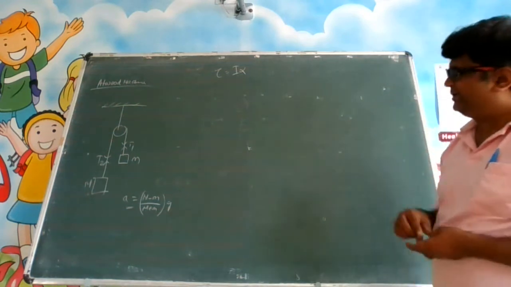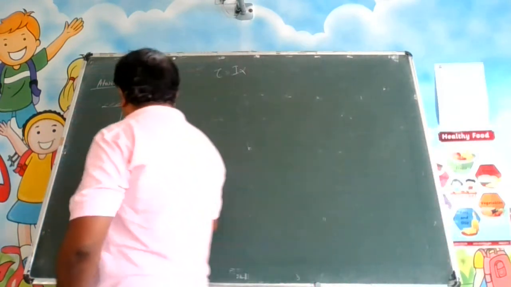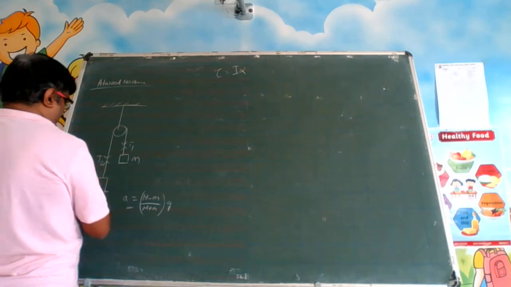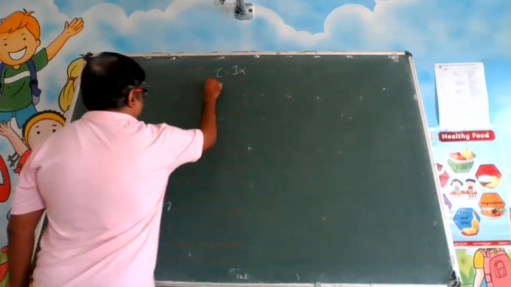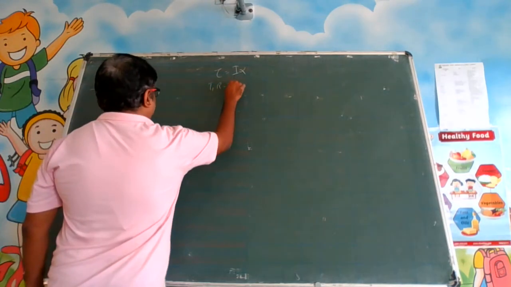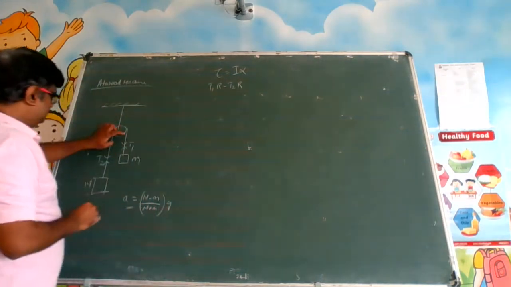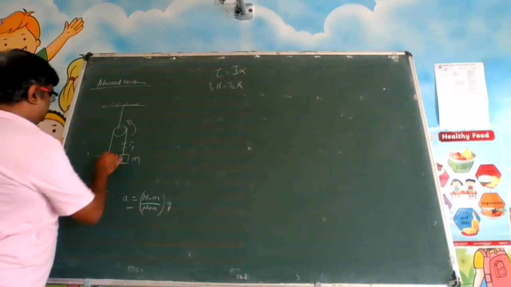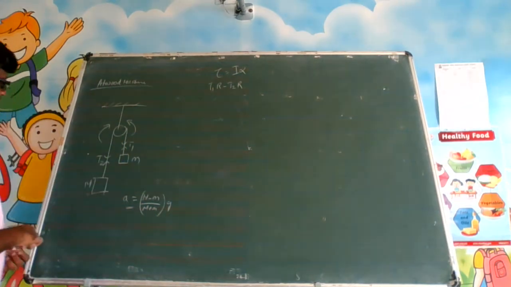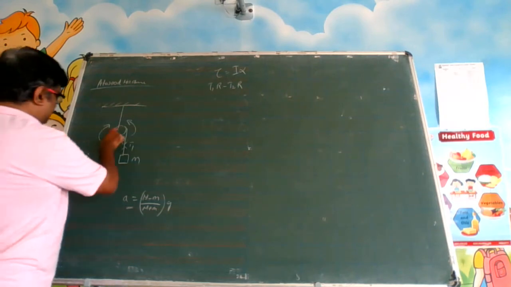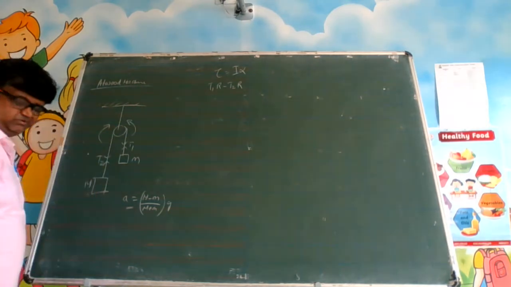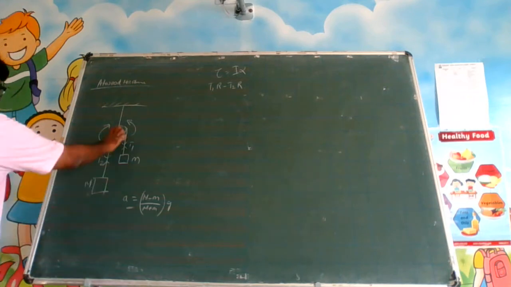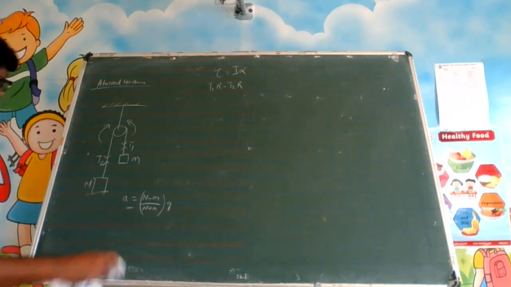Okay? What is the torque here? If you carefully observe, it is T1 R minus T2 R. That is the torque. This torque is applied in this way. This torque is applied in this way. Okay? About this point. Sorry, मैंने उल्टा लिख दिया है, यहाँ पे उल्टा लिख दिया हमने.